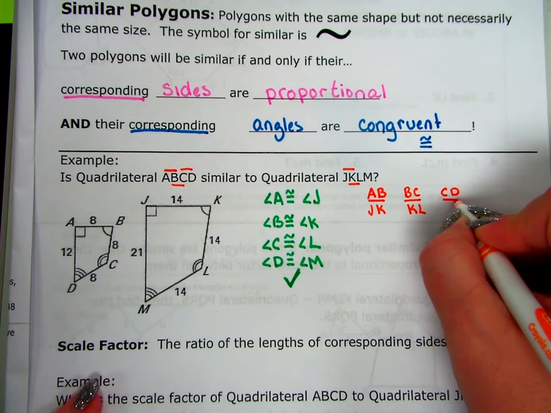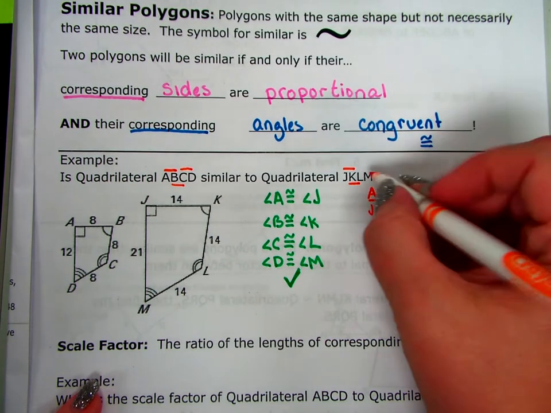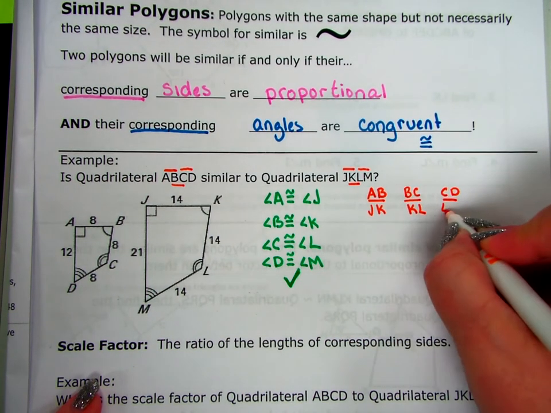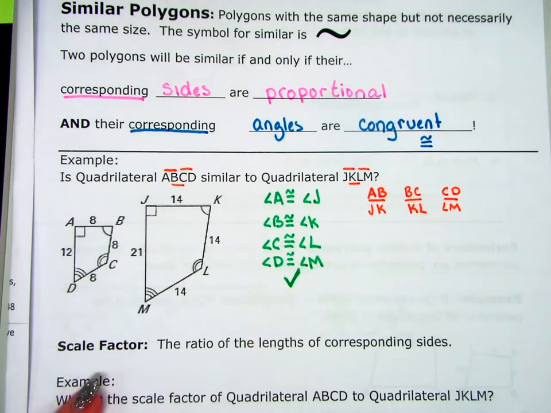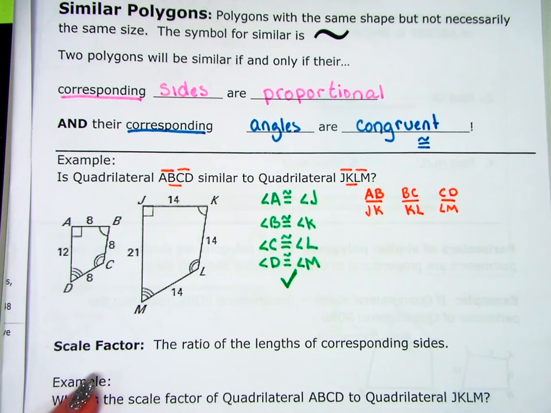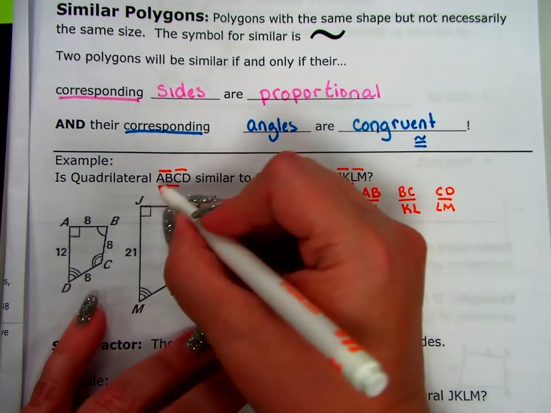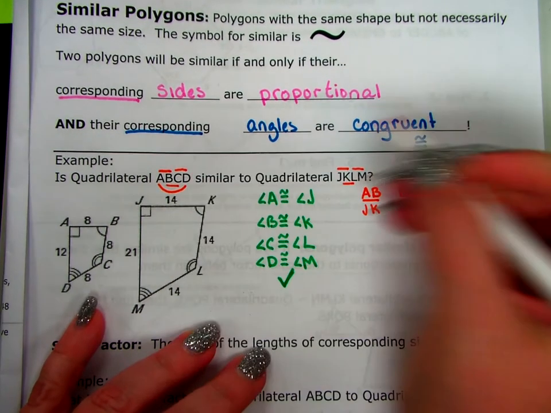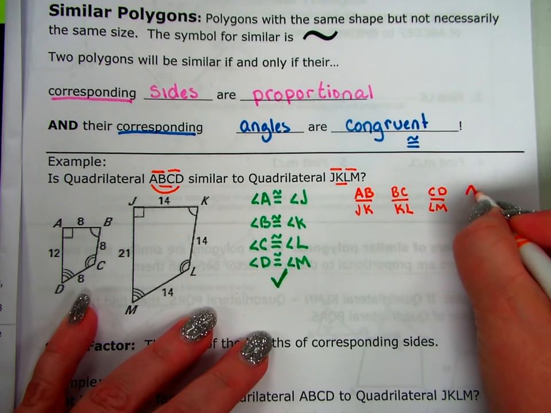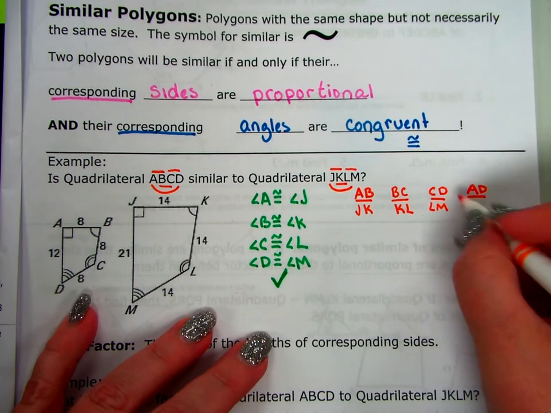What's CD going to match up with? LM. And then what's my 4th side? Yeah, right? So then my outside letters, DA or AD, however you want to say it, matches with JM.